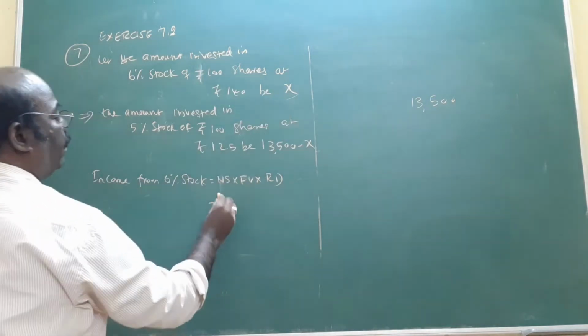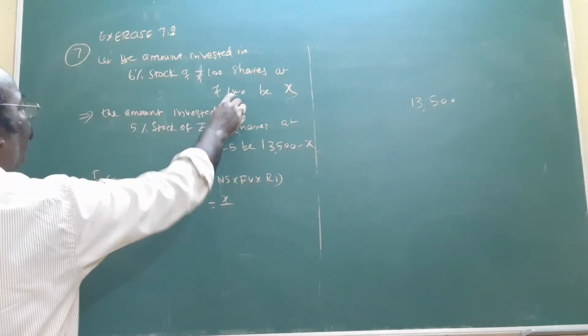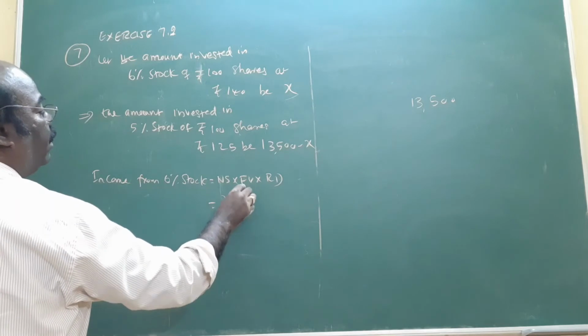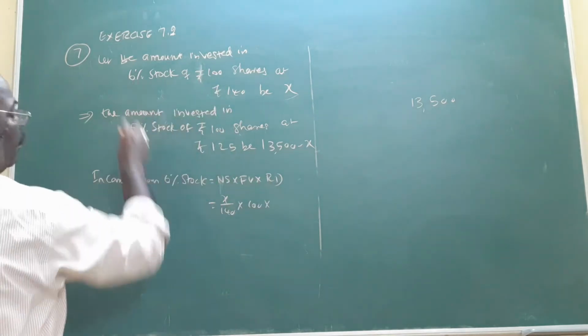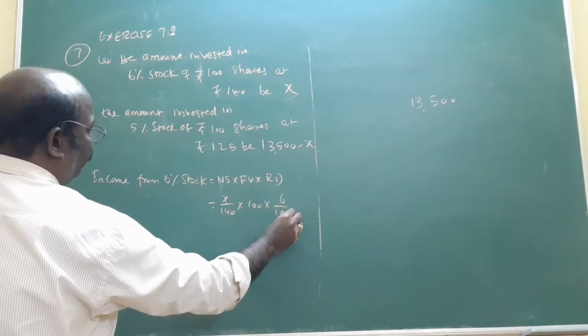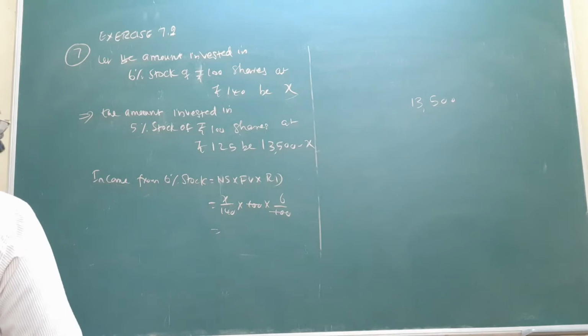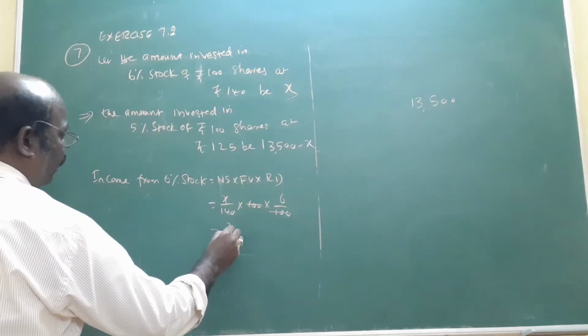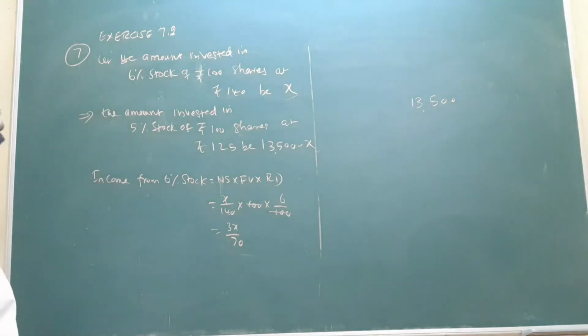Investment is X. X by market value, which is 140, into face value 100, into rate of dividend 6%, 6 by 100. Cancel. Now divide. What is the answer? 3X by 70 is the income from the first investment.